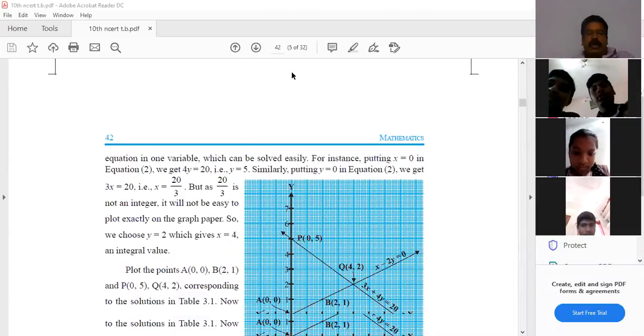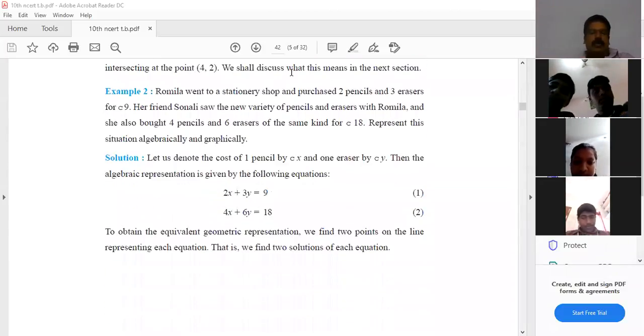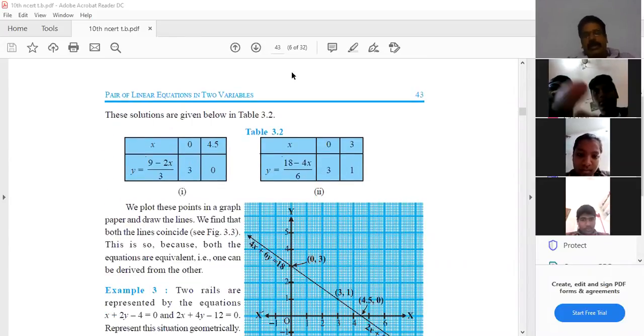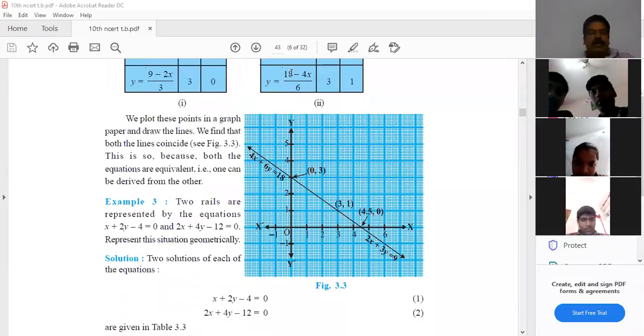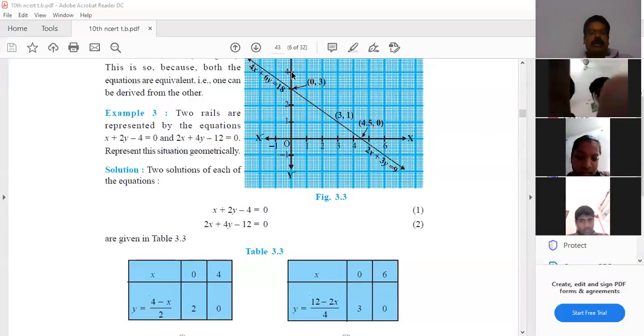Here, intersecting lines you got. That means you have one solution in the first example. And in the second example, you have to draw today. I told you to draw in a graph sheet. Here you are getting infinitely many solutions. Every point, 0, 3 is a solution, 3, 1 also is a solution, 4.5, 0 is also a solution. Only infinitely many solutions you will get.